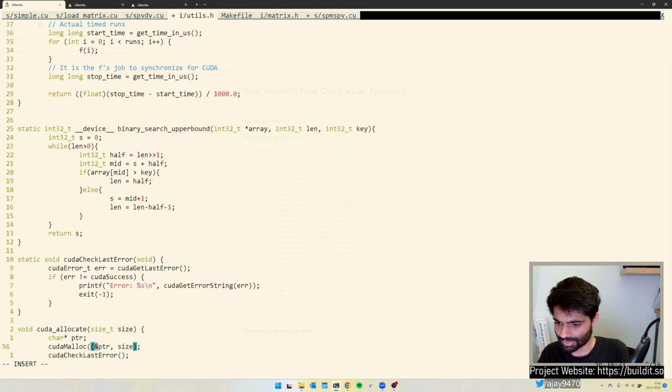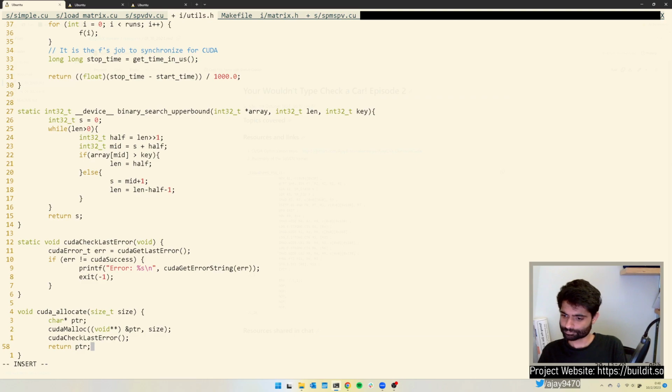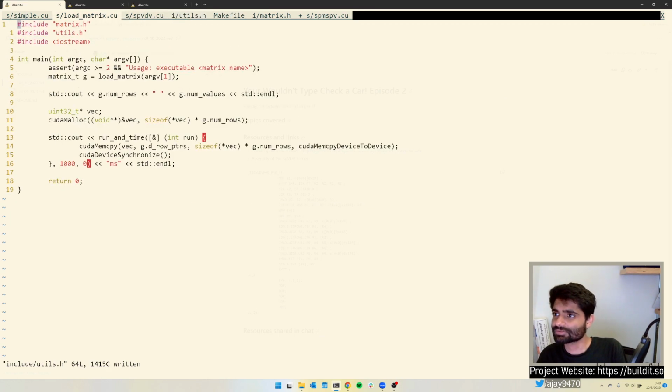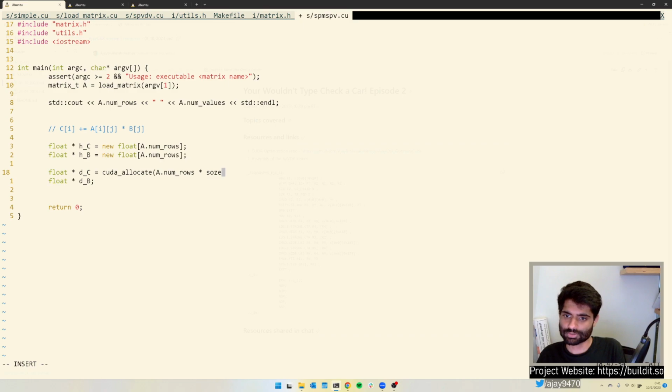So we can allocate it as a char pointer and return the value. Yeah, this is better. I'm just going to make a CUDA allocate function that we know always succeeds if it returns here. So we can now simply do CUDA allocate of num rows times size.